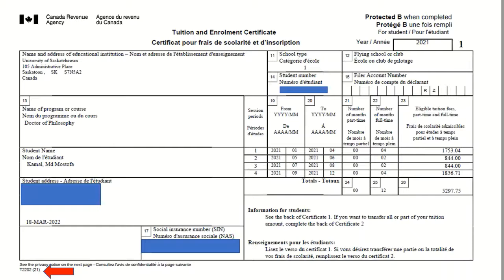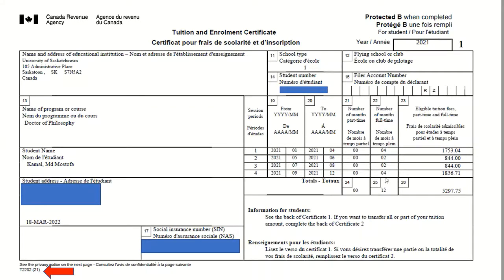This is the form called T2202, where you can get information about how much money you paid as tuition fees. At the same time, you can get how many months you studied as a full-time graduate student and how many months as a part-time graduate student. So here you can see the number of months part-time and number of months full-time.